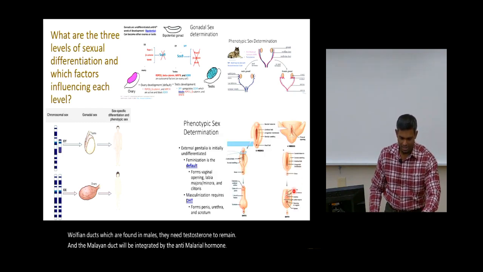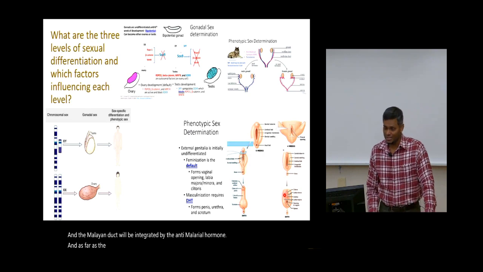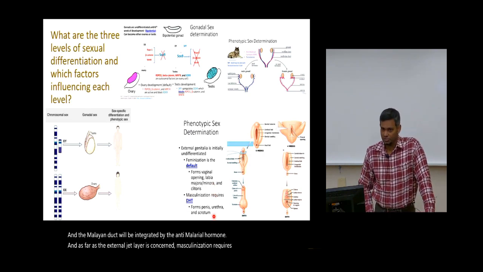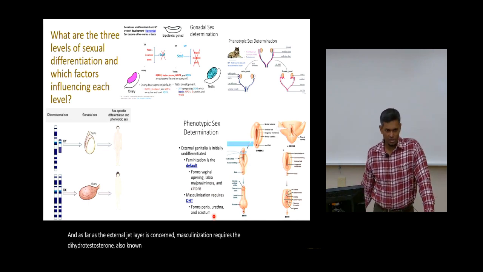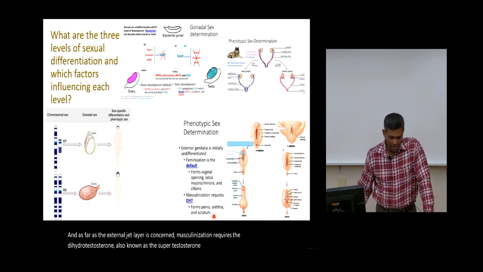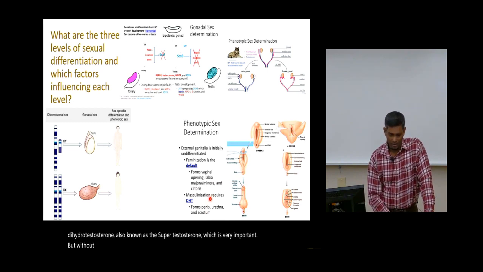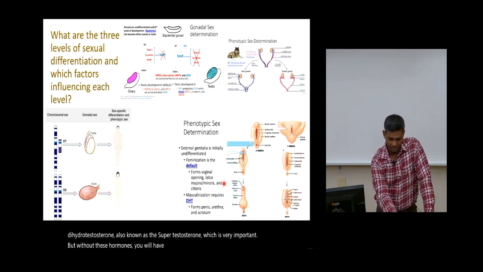And as far as the external genitalia is concerned, masculinization requires dihydrotestosterone, also known as the supertestosterone, which is very potent. But without these hormones, you will have the female reproductive external genitalia.